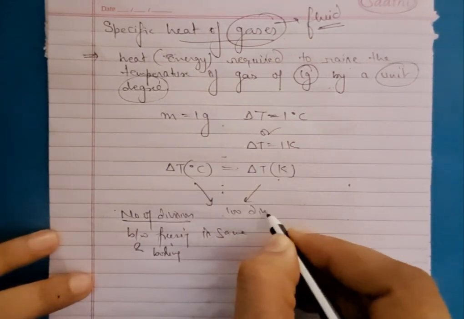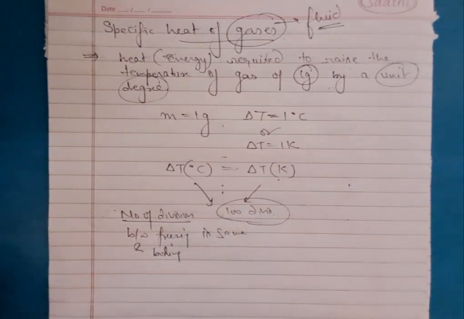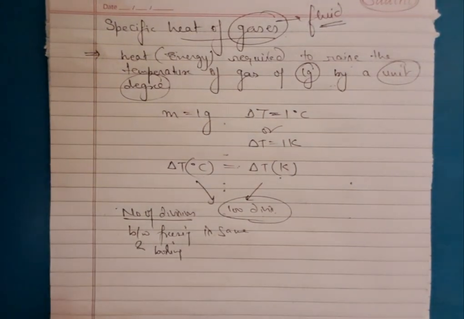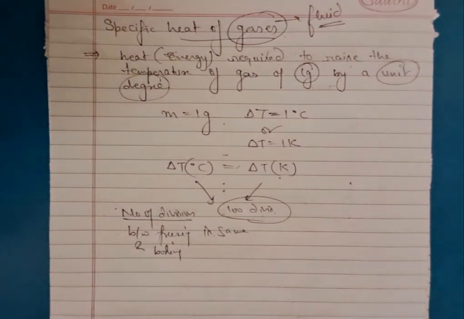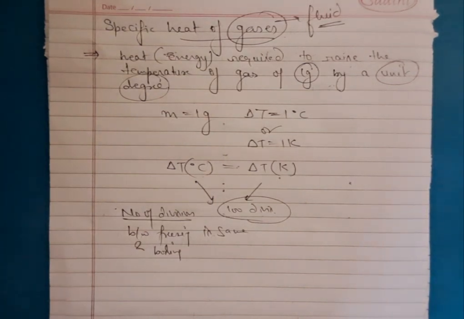Both have 100 divisions, so the same number of divisions will change in the Kelvin scale as in the Celsius scale. So specific heat is nothing but the energy required to raise the temperature of 1 gram of a gas by a unit degree.